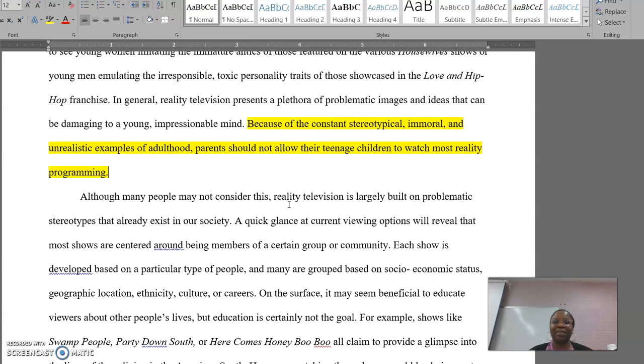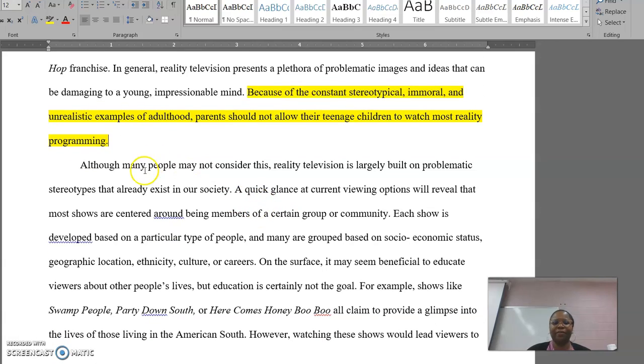So here, there's the argument. Parents should not, must not, cannot. Also notice that the target audience is identified. This is a paper directed toward parents, and the goal is to convince them not to let their teenagers watch reality TV, or at least trashy reality television, for lack of a better word.